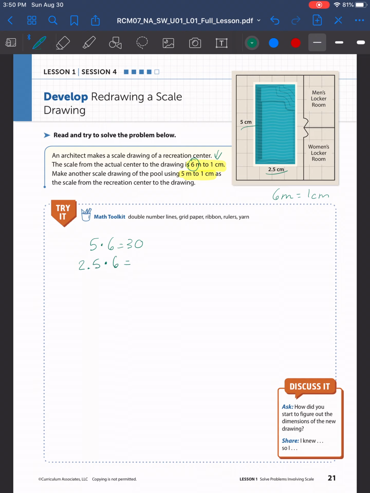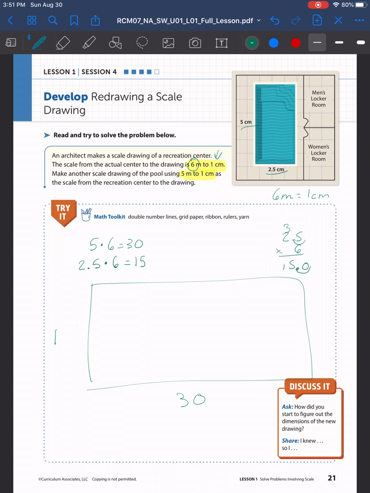Well, 2.5 times 6, let's do it over here. 15, move it over 1, move it over 1. Okay, it is 15. So in real life, the dimensions are 30 by 15. Let's pretend I actually have this. Ooh, I should have flipped it the other way, but that's okay. So in real life, the huge thing is actually 30 by 15.